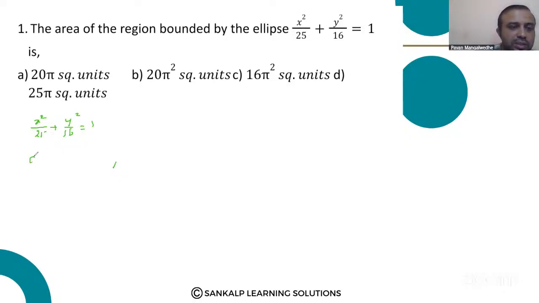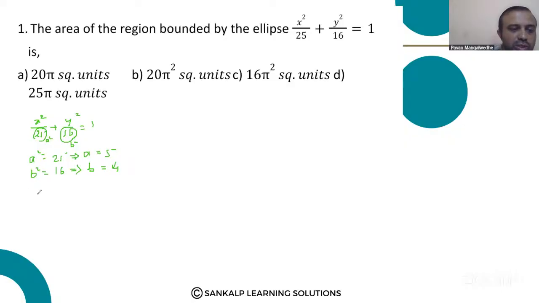As you know, the area of an ellipse is pi into a into b. So a square is given by 25, which means that a is equal to 5. Then b square is 16, which means that b is equal to 4.